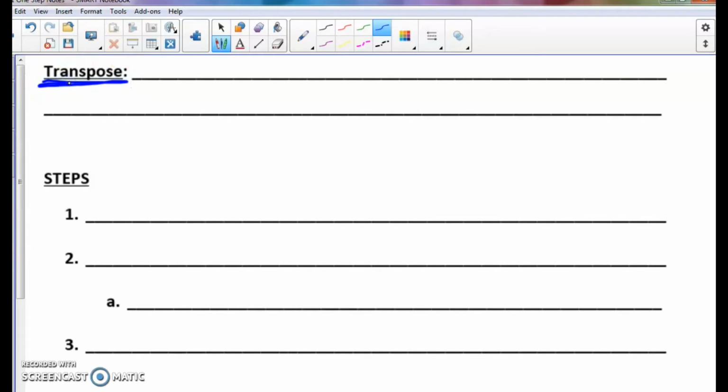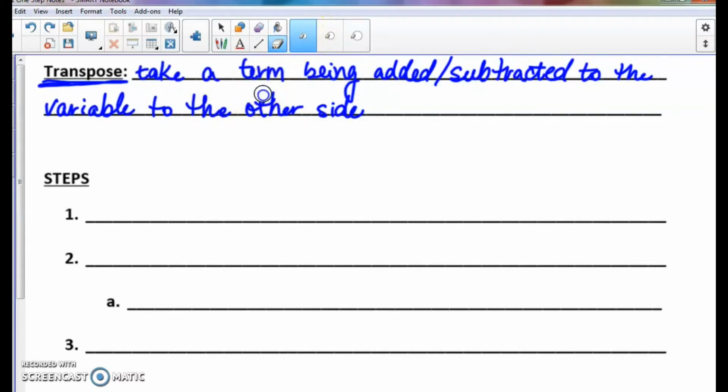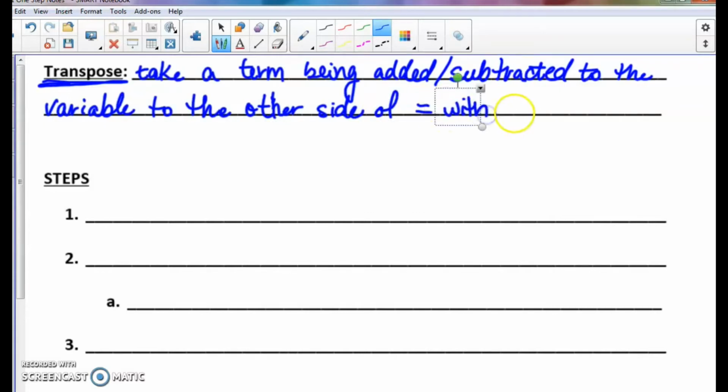To transpose means we're going to take a term being added or subtracted to the variable to the other side of the equal sign with appropriate sign change.